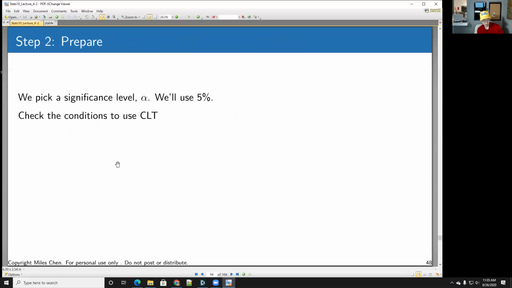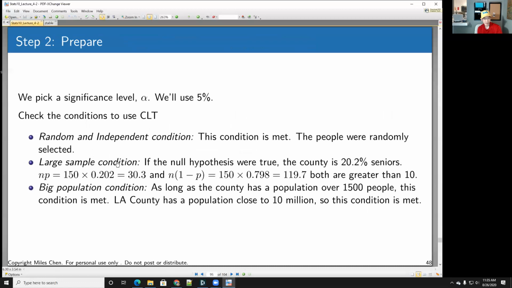Before we get into any calculations, we'll pick our significance level, and we'll continue to use alpha equal to 5%. Then we'll check our central limit theorem conditions. The sample says the people were randomly selected, so that condition's met. For the large sample condition, we check if our sample is big enough.